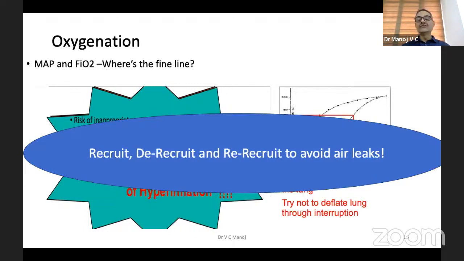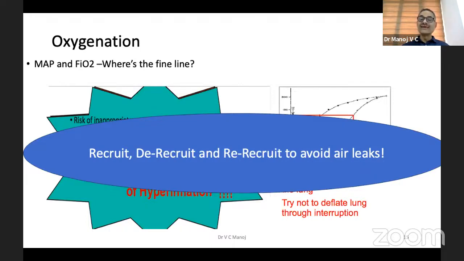It is not in hours or days, it is in minutes. Suppose you have reached up to 20, you require a mean airway pressure of 20 to recruit, then you bring it down to 19. You will find that if your lung is well recruited, the baby will still be saturating well. You bring it down to 18, still the saturation will be good. Bring it down to 17, still you will find it's good.